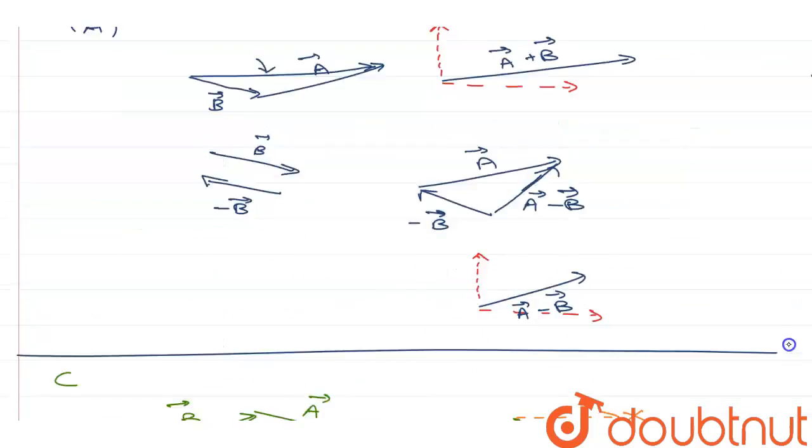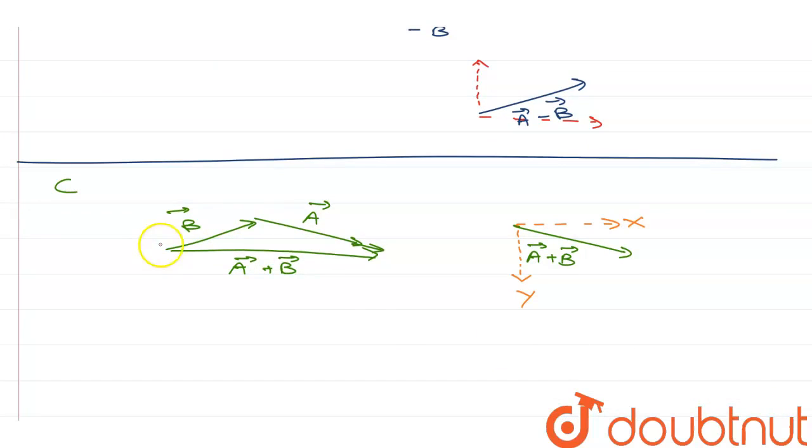To find out A minus B, I'll just reverse the direction of B and slide it again.